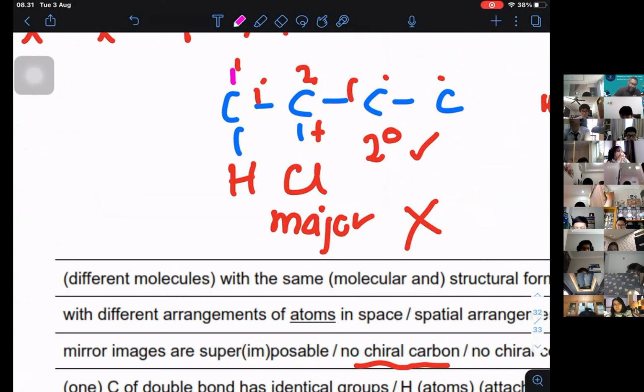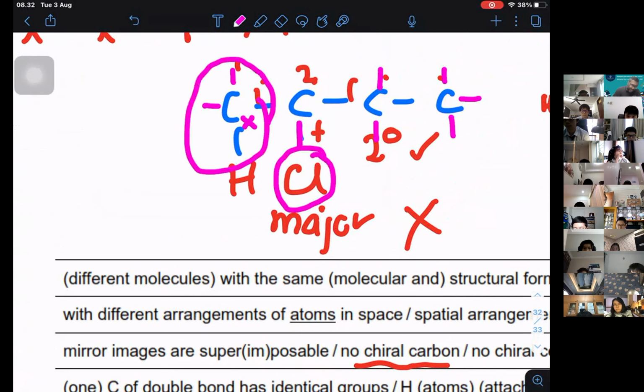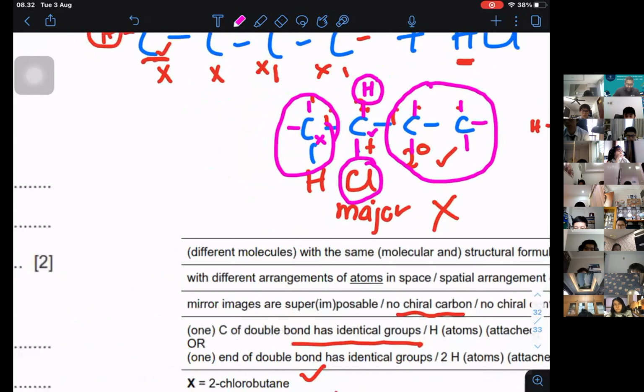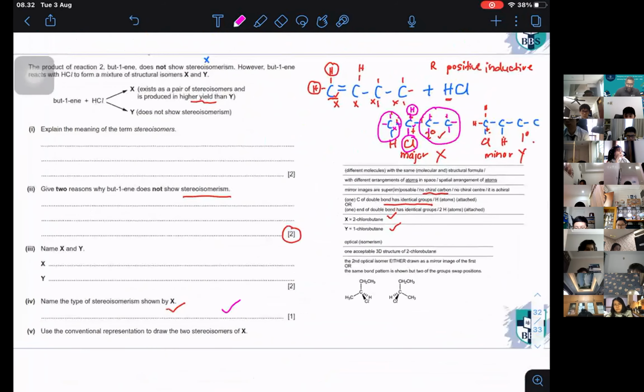I see hydrogen, hydrogen, hydrogen, no chiral center. Hydrogen, hydrogen, hydrogen, no chiral center there. Hydrogen, hydrogen, no chiral center over here. So Cl, CH3, H, and this thing is different. So this is the chiral center that we talk about. So here, this is going to be optical isomer.